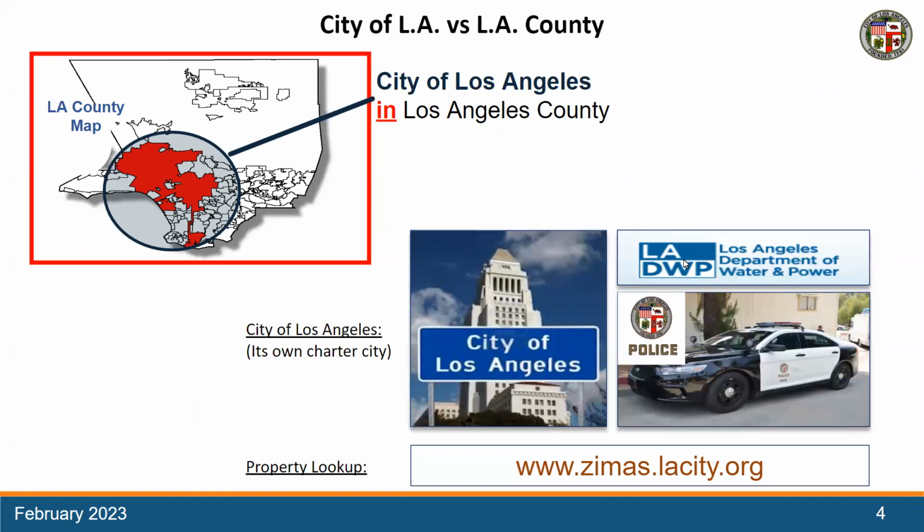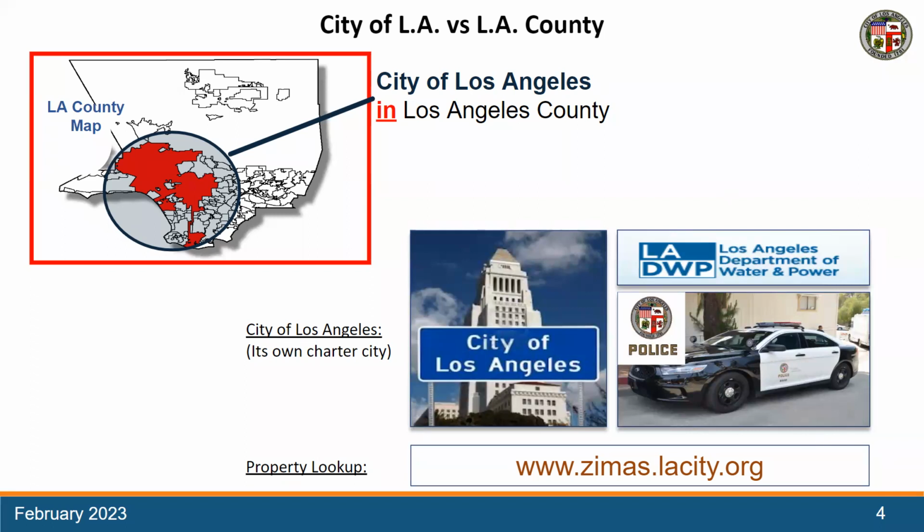Now, it is important that we determine where the property is located, because there are different laws and rules that may apply depending on the location of the property, or if there are overlapping laws that could apply. On the bottom of the screen, there's a property lookup website named zimas.lacity.org.